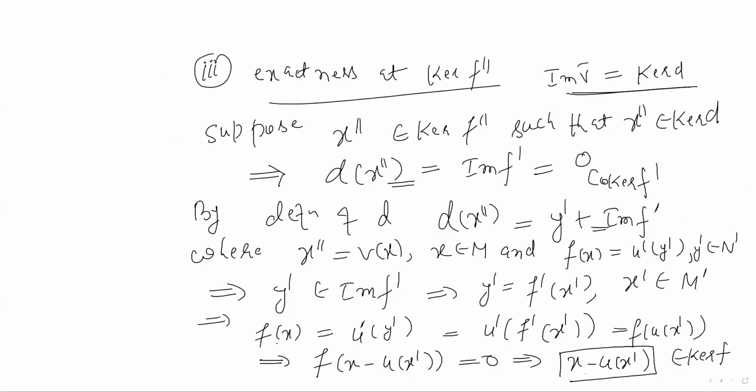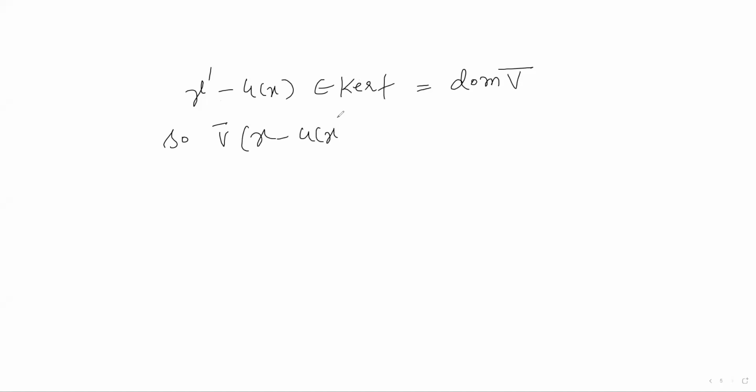इमेज है, ठीक है ना। So you have this, x minus u of x dash, it is in kernel of f, and kernel of f is actually your domain of v bar. So I can apply v bar on this element. So v bar of x minus ux dash. But v bar is the restriction of v, so it is v of x minus ux dash.